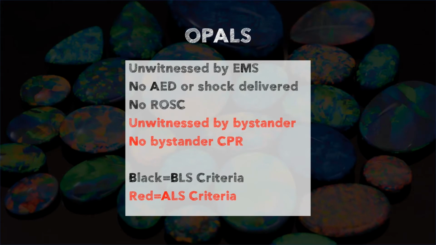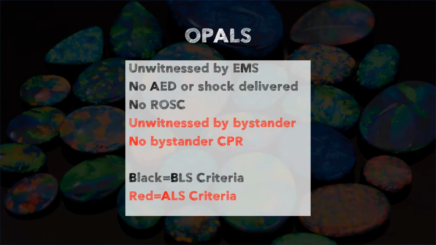OPALS was a large study where they looked at data from the ROC Consortium, which is this large group of EMS providers that all band together to do research. And they split the criteria for survival and no survival between ALS and BLS. And the BLS is in the black letters.